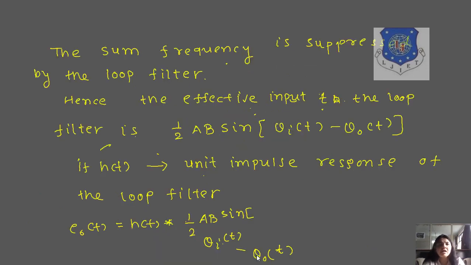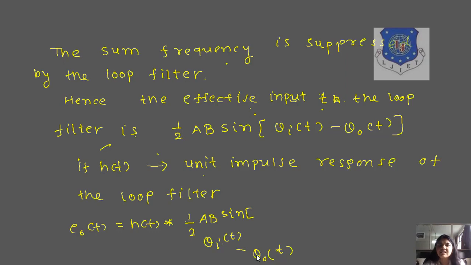Now we have the output of that multiplier, and it is given to the low pass filter. What will the low pass filter do? The low pass filter will suppress the high frequency component. So of the two components, the low frequency component will pass through the low pass filter, but the high frequency component is suppressed.